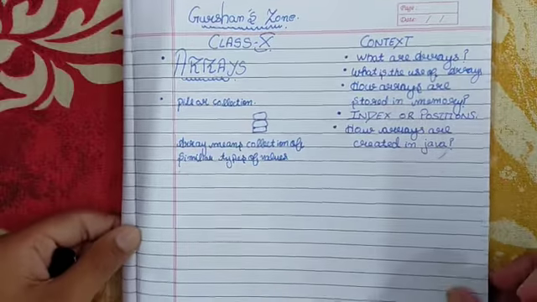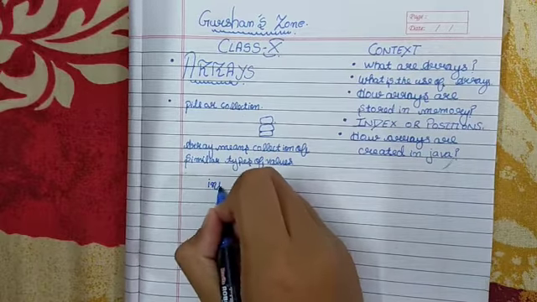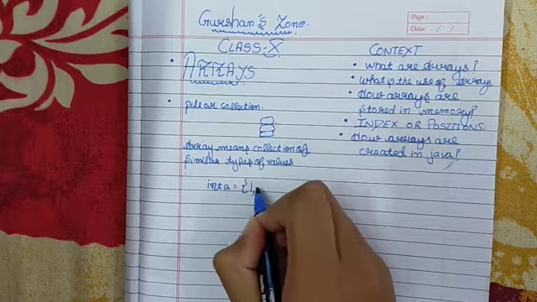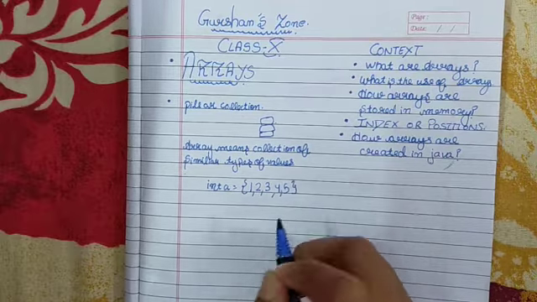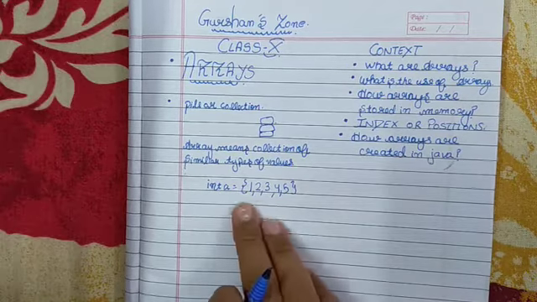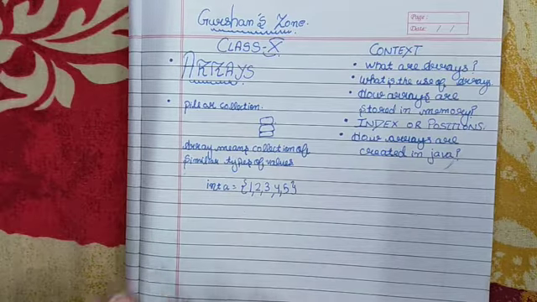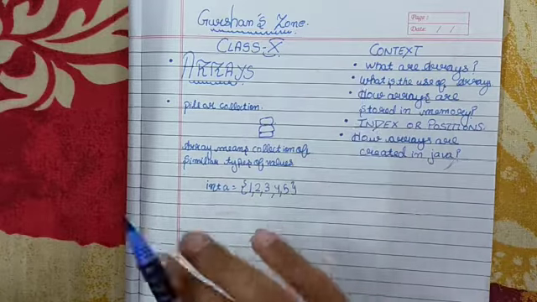Now similar type of values, for example, we have taken a variable, data type integer, and the values 1, 2, 3, 4, 5. They are all of similar type. They all come in the category of integer. We cannot use any type of character value or any other data type instead of int.